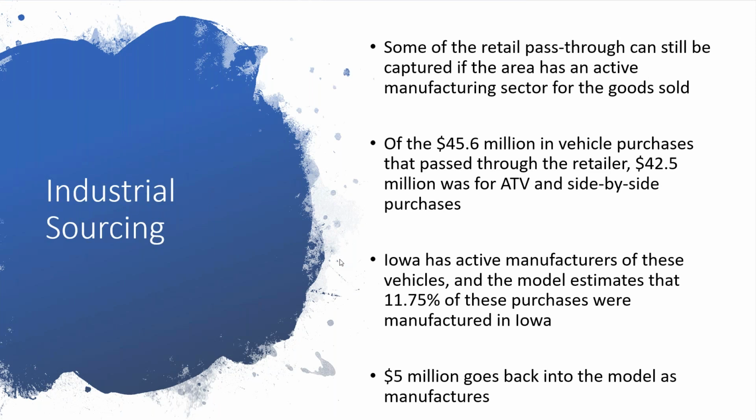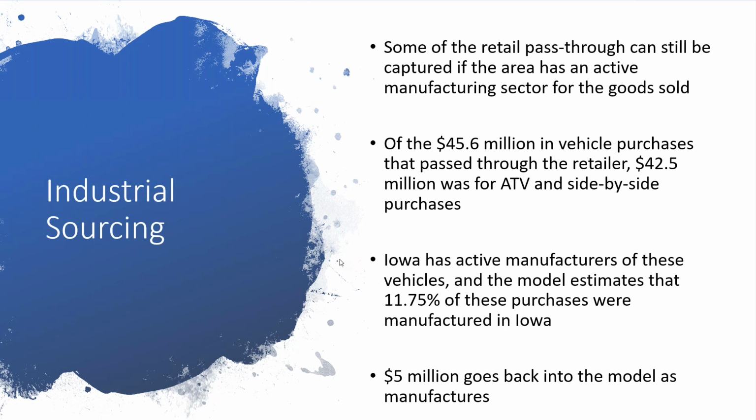Now that doesn't mean it all disappears. If your retail pass-through is captured in an area where there's active manufacturing, some of it goes back in the model. Of the 45.6 million in vehicle purchases that passed through the retail, 42.5 million was for ATVs and side-by-sides. Iowa has active manufacturing for those vehicles.